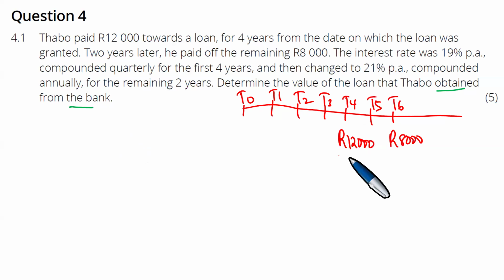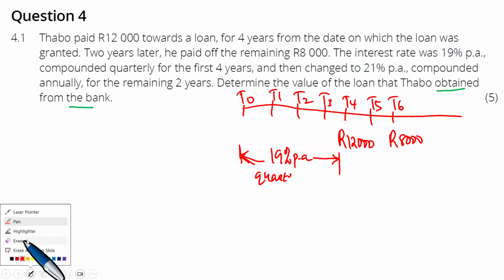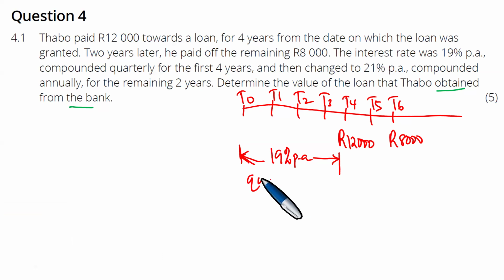For the first 4 years, it means from here, the interest rate was actually 19% per annum, compounded quarterly, for the first 4 years.